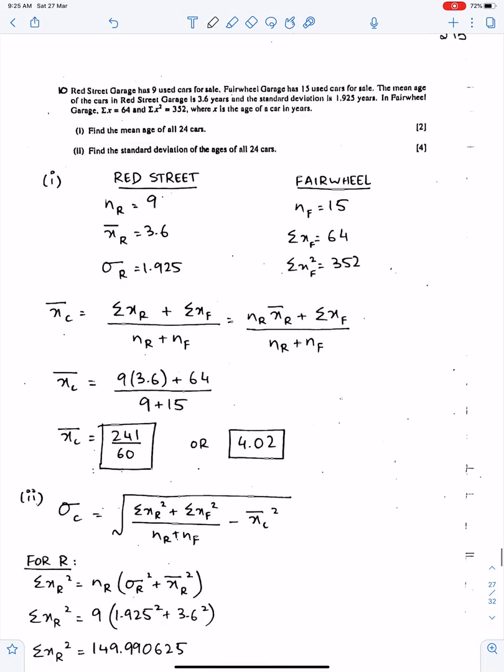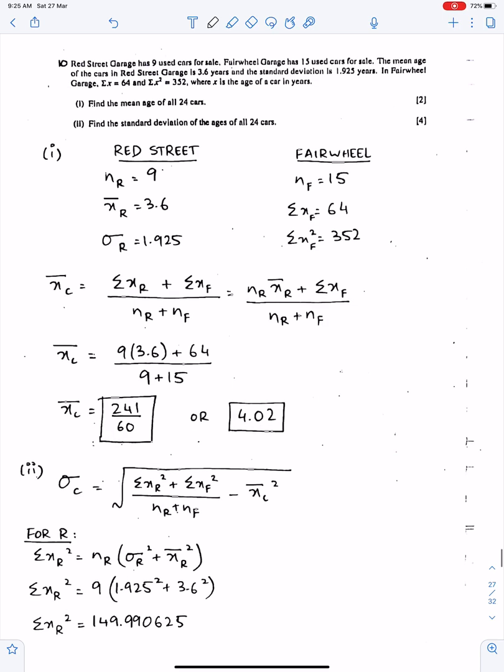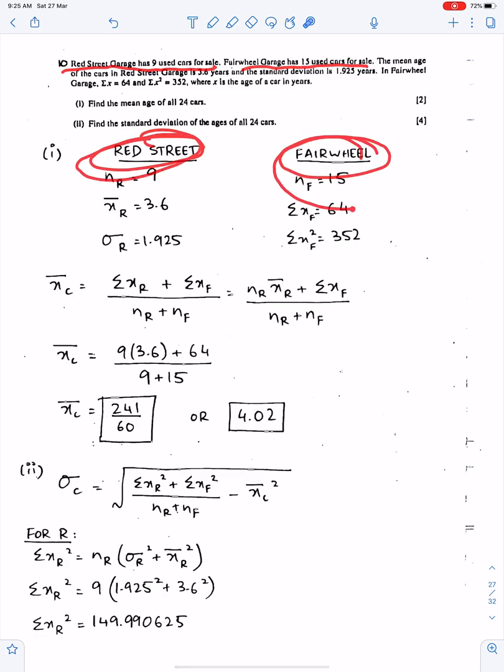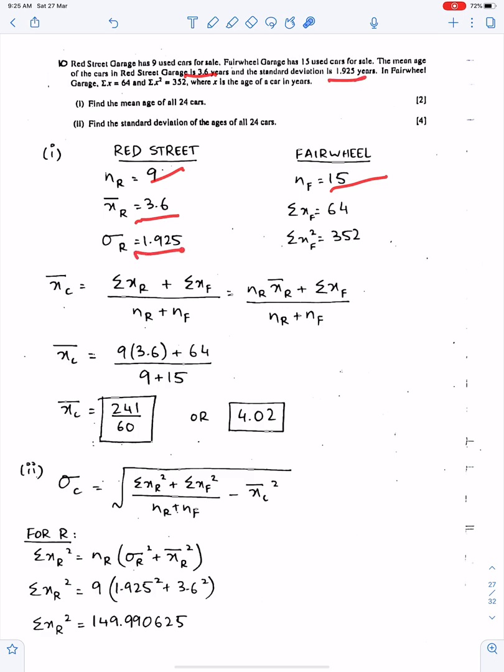Next question. This question is of combined mean. Red Street Garage has 9 used cars for sale. Fairville Garage has 15 used cars for sale. This is the data for Red Street and this is for Fairville. 9 cars, 15 cars. The mean age of the cars in Red Street is 3.6 and standard deviation is this.